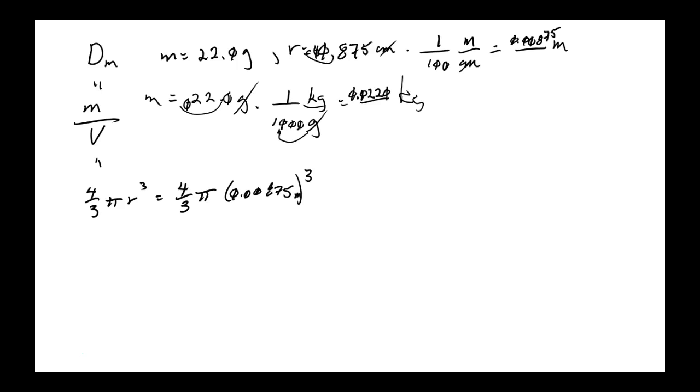Y'all wanted to convert it to meters to begin with, so that's the radius in meters. A very tiny little number. And you plug that into your formula for your r. If you had stayed in centimeters, it would be that number, but in meters, it's that number, and then you cube it. Then multiply it by 4 times pi divided by 3.